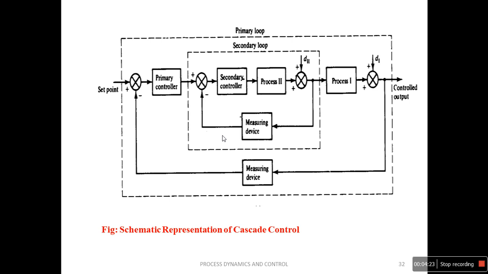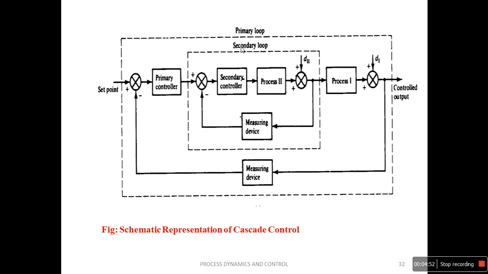The control configuration with these two loops is known as cascade control, and it is very commonly used in chemical processes. So if we consider a process consisting of two parts, process 1, or the primary process, has an output that we want to control, whereas process 2 has an output that we are not interested in controlling, but which affects the output we want to control.